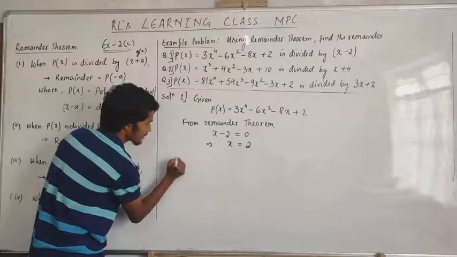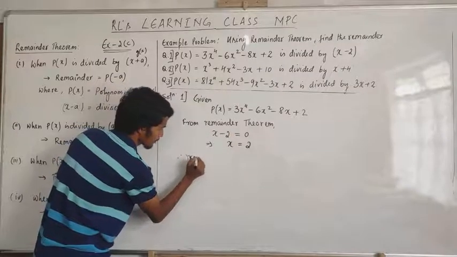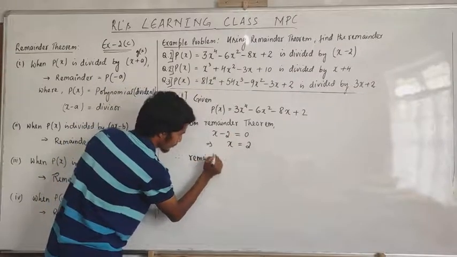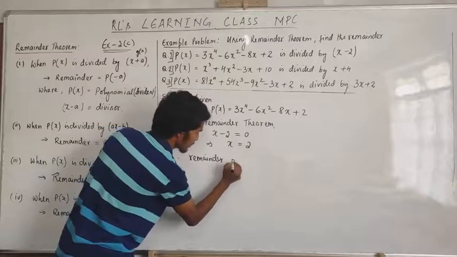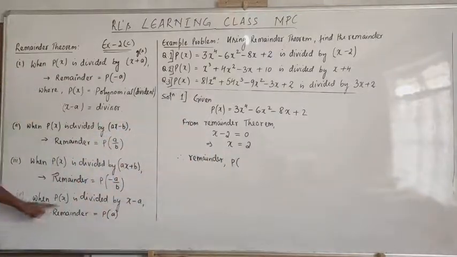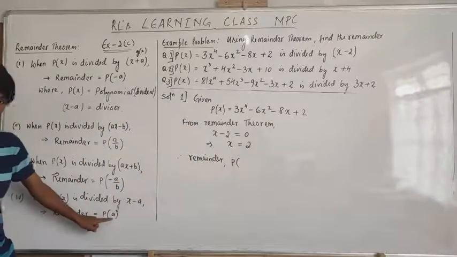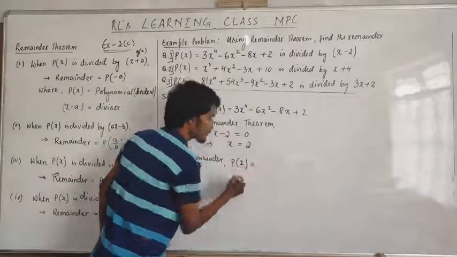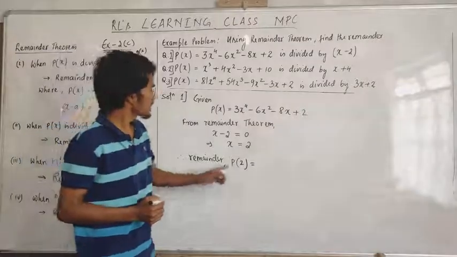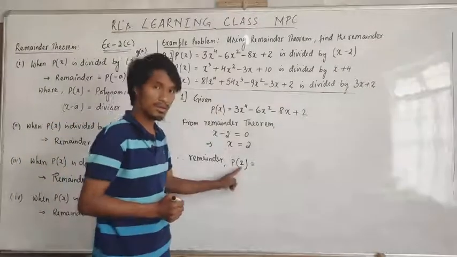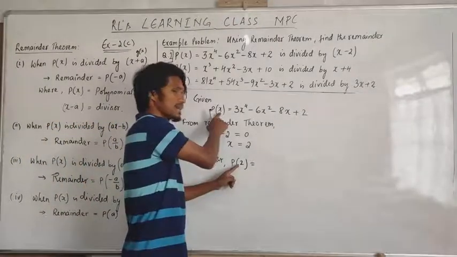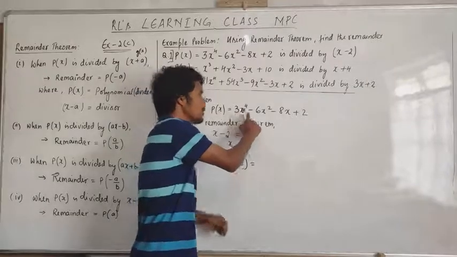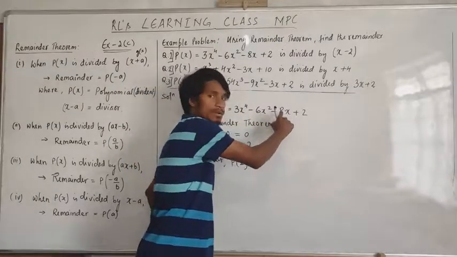Therefore the remainder is p of x, which becomes p of a. Now what's the value of a? 2. Then in place of this x, we put 2, here also 2, and here also 2.